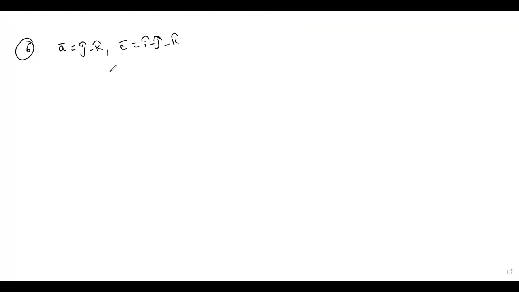They gave the condition A bar cross B bar plus C bar equal to 0 bar, and A bar dot B bar value is 3. First I'll find out A bar cross C bar. Why A bar cross C bar is required: by applying cross product with A bar, we can easily get the required term.